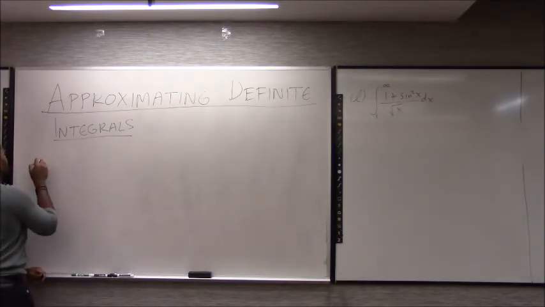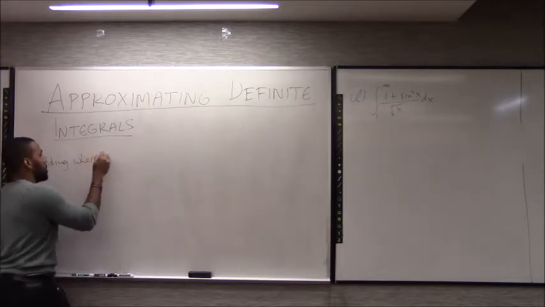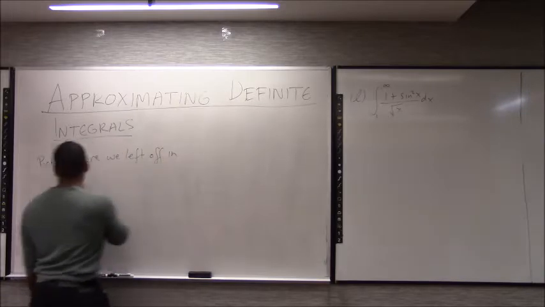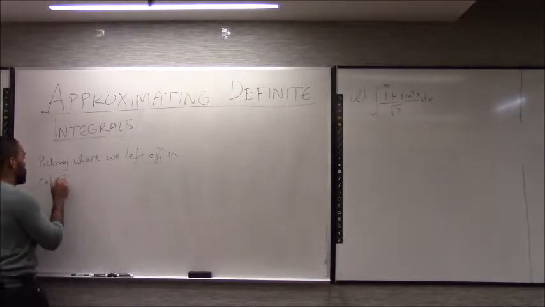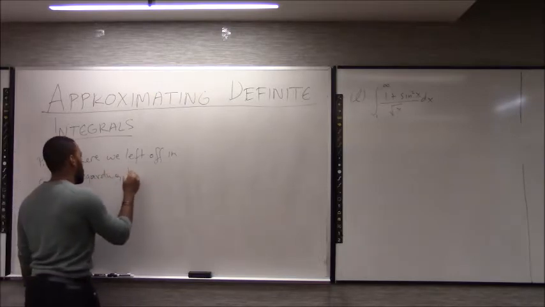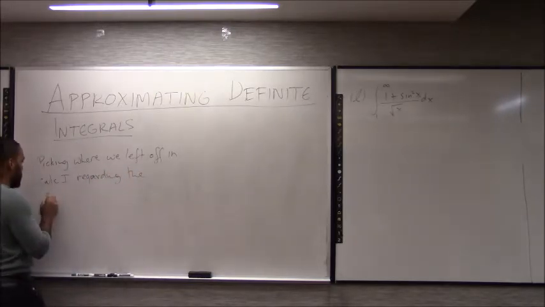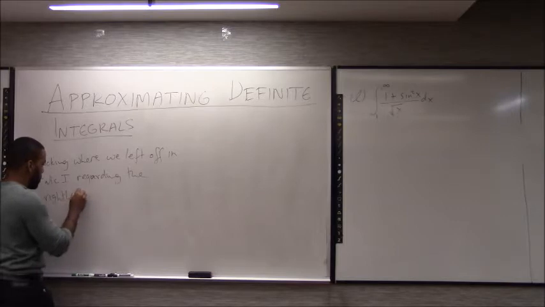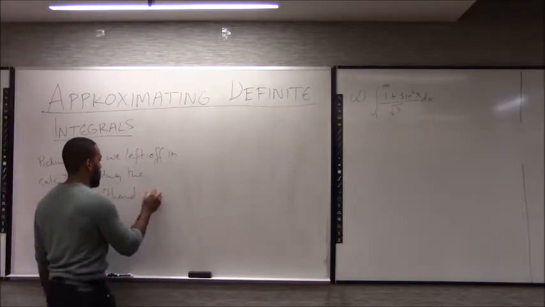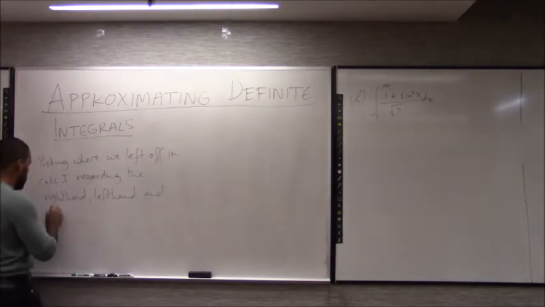So this is pretty much picking up where we left off in Calc 1 regarding the right-hand and midpoint approximation methods.